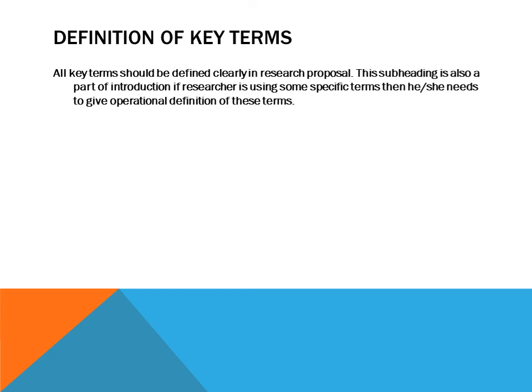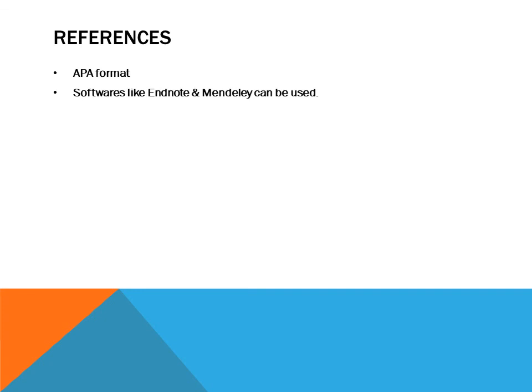For example, if you are using the words socio-economic level in your title, how will you define the socio-economic level of the persons? So you will explain and define this term. Housing needs. Which housing, what do you mean by housing need? You will explain these key terms.